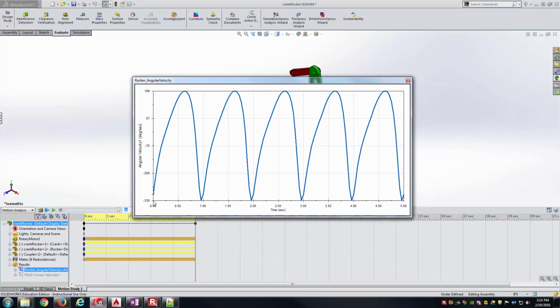If I get close to the 0 point, you can see at 0.01 seconds it's at 308 degrees per second, a negative because it's moving in the clockwise direction. That's really good agreement with our analytical calculation.